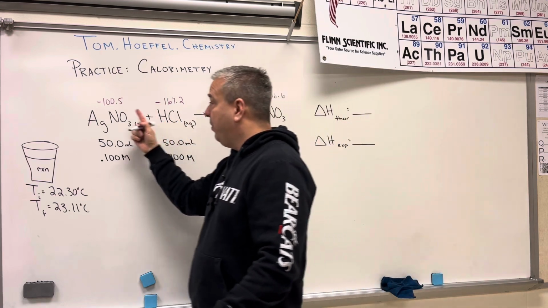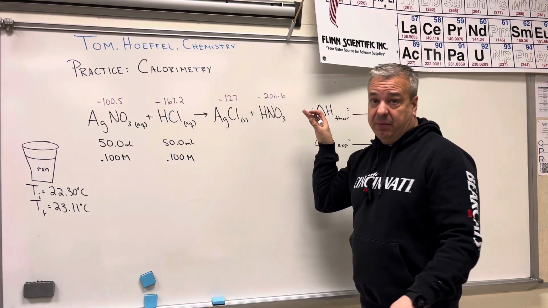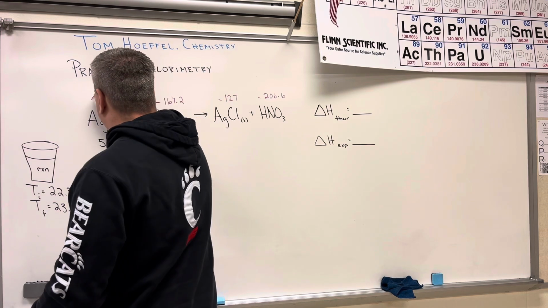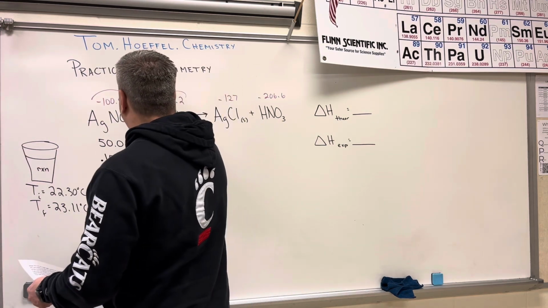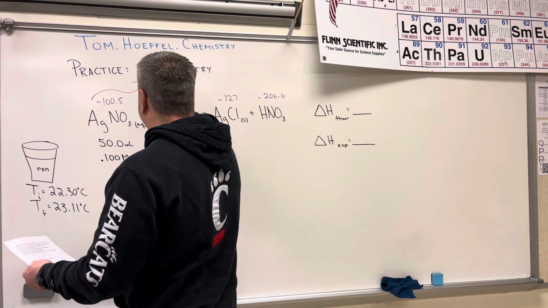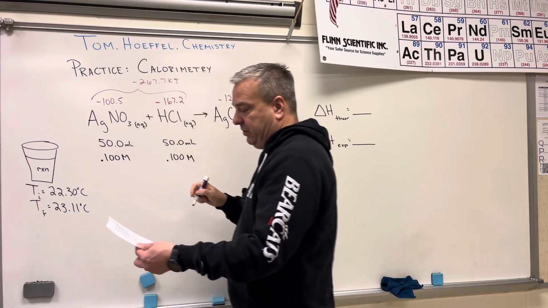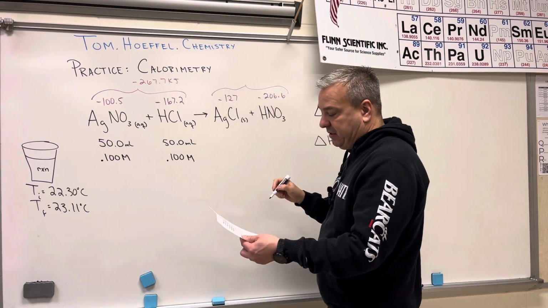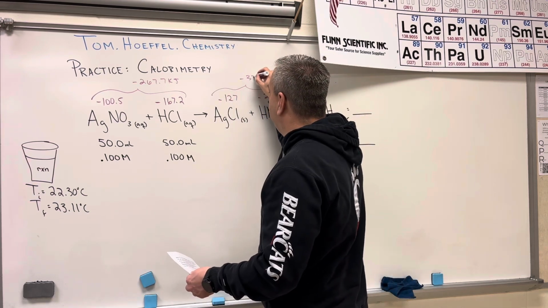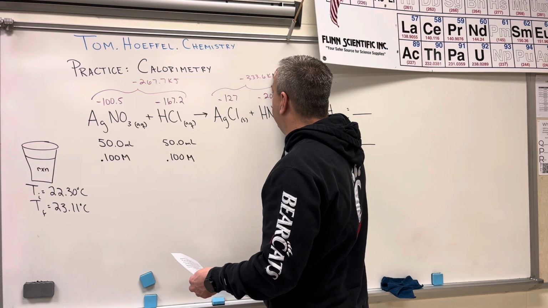Now there's 1 mole, so it's going to be these numbers, and you're going to sum up the reactants, and the sum of the reactants is negative 267.7 kilojoules. You're going to sum up the products, and the products sum up to negative 333.6 kilojoules.